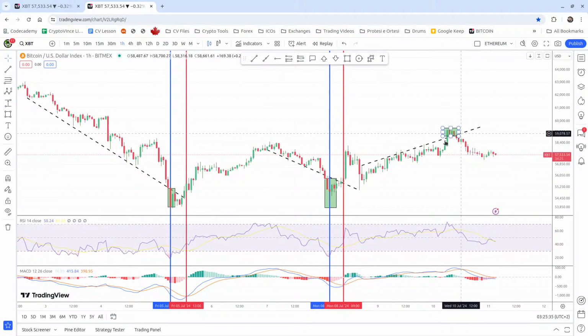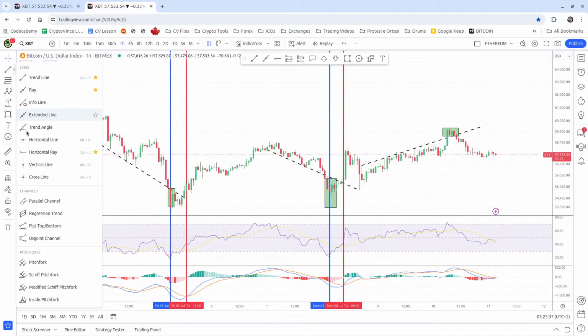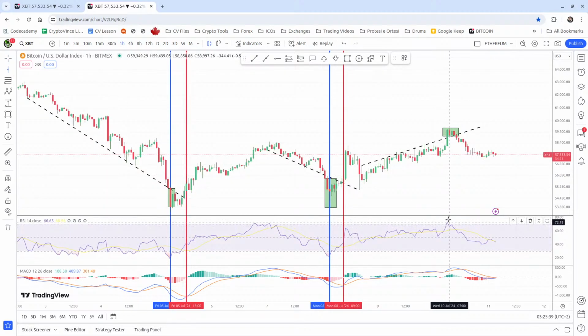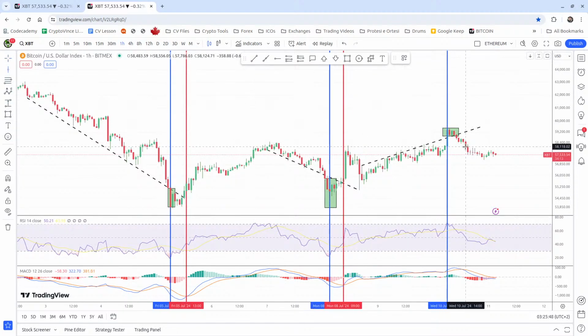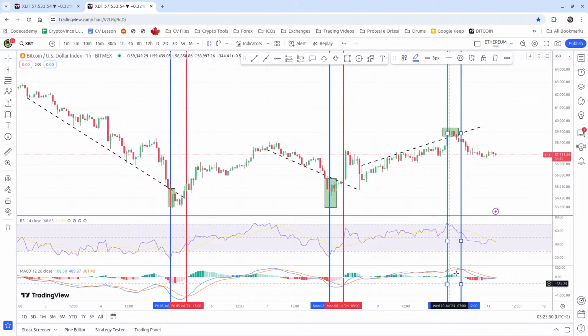So in this case, we can look again at RSI, it's slightly overbought. And MACD again crosses, as you can see here, later on. But we still can use both.